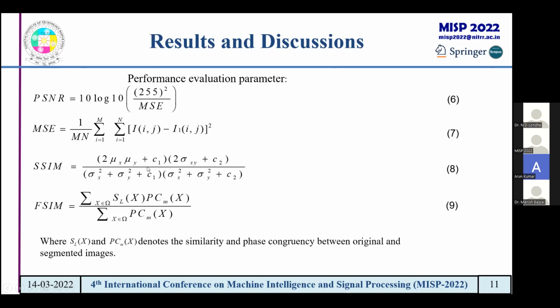SSIM is based on structural similarity, and FSIM is based on features. And accuracy has been measured using PSNR and MSE values. The better the PSNR value, the better the accuracy, and the lower the MSE value, tending towards 0, the better the segmented result. Okay.